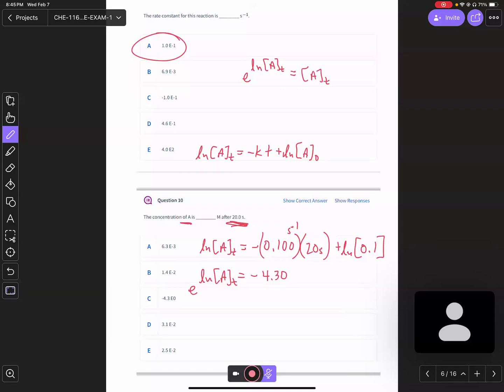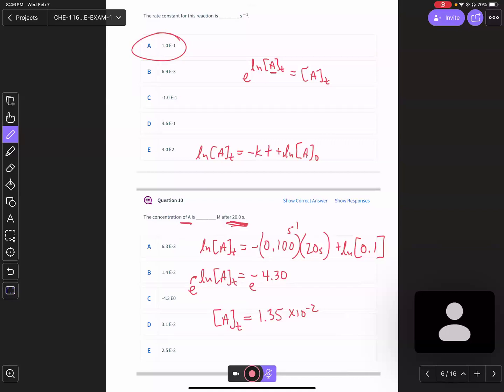If I do that to the left side of the equation, I'm going to take e and raise that to the negative 4.3 on the right side of the equation to get my concentration. So e to the negative 4.3, and I get a concentration of about 1.35 times 10 to the minus 2.